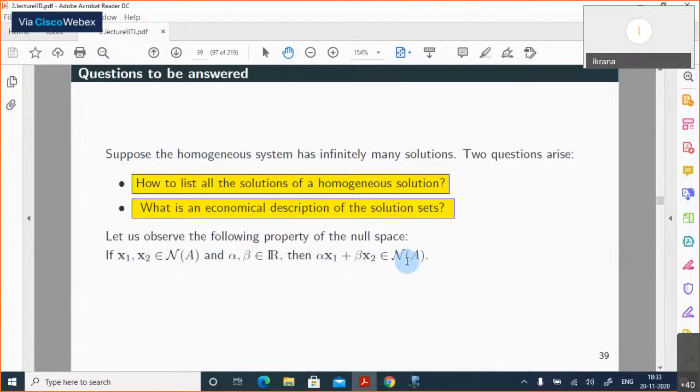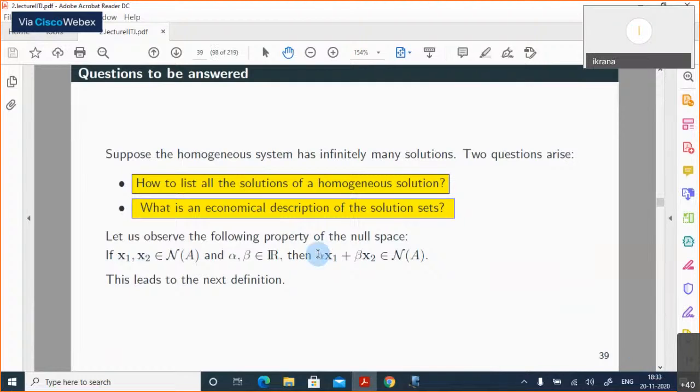That is obvious, because if Ax1 = 0 and Ax2 = 0, then A(alpha x1 + beta x2) is alpha times Ax1 plus beta times Ax2, which also is equal to 0.